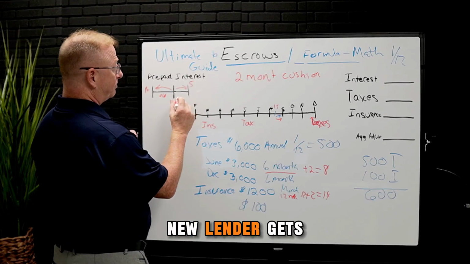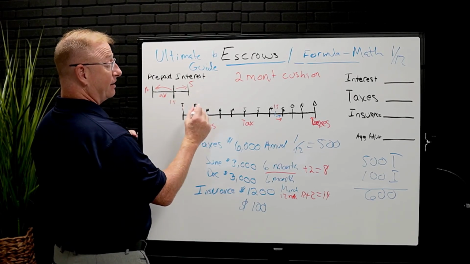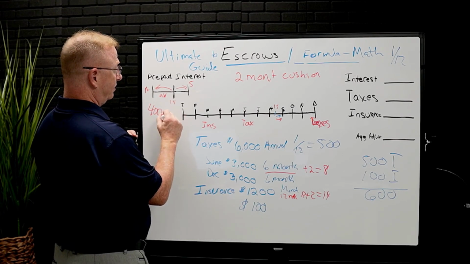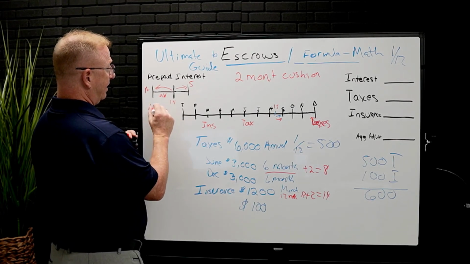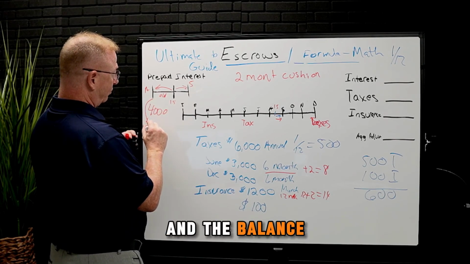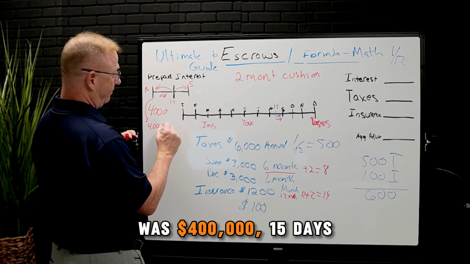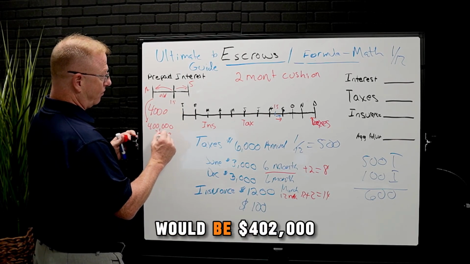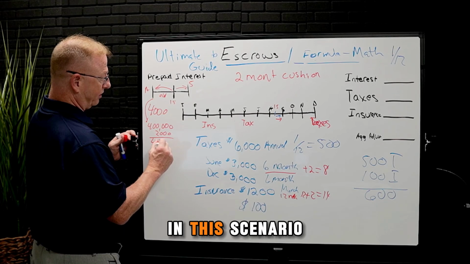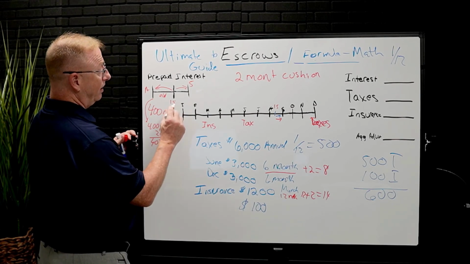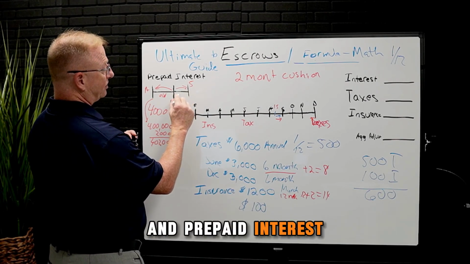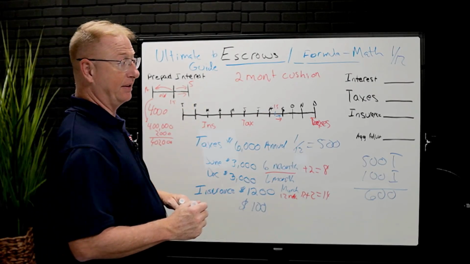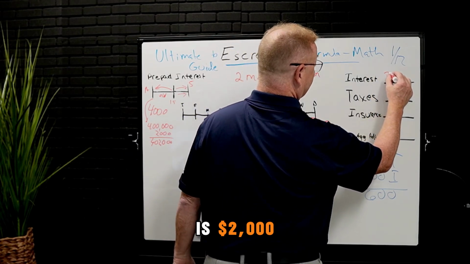The new lender gets paid the prepaid interest. So if the payment was $4,000 and the balance was $400, 15 days of the old payoff would be $402 in this scenario. And prepaid interest, let's just say it was, for whatever reason, the same amount of money, $2,000.